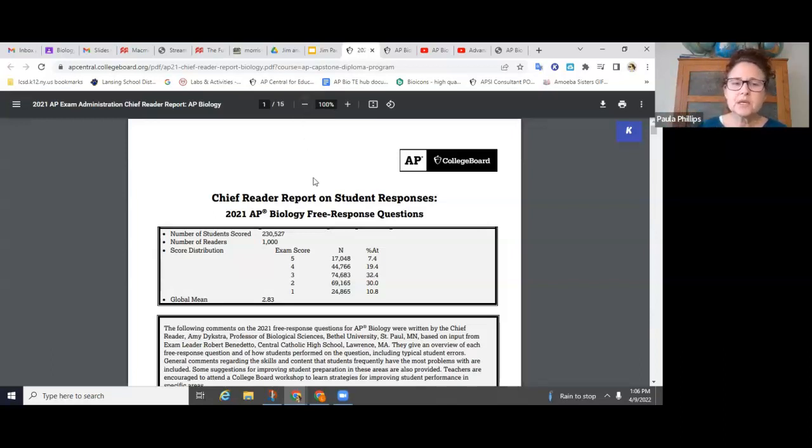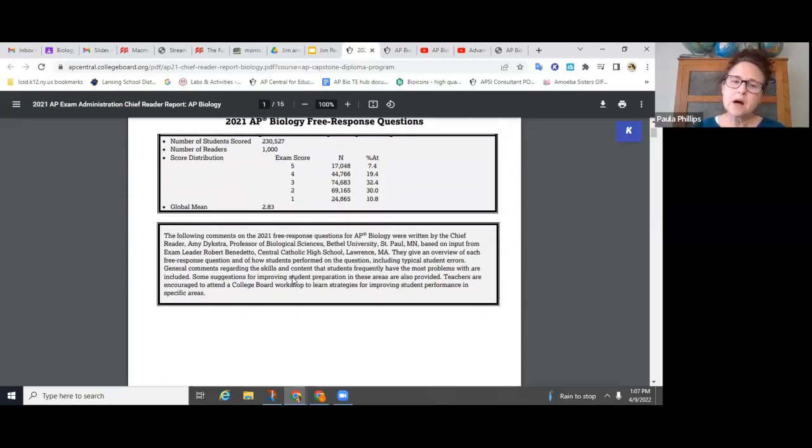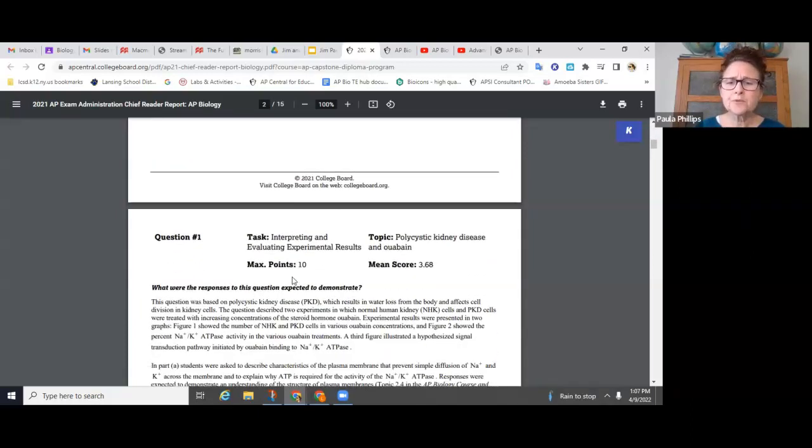And it does give some key pieces of information. At the very beginning, it goes over how many students were scored and how many readers there were scoring those. And then you can see the global mean, which is what we saw on the other screen. But then it gives commentary from the chief reader.